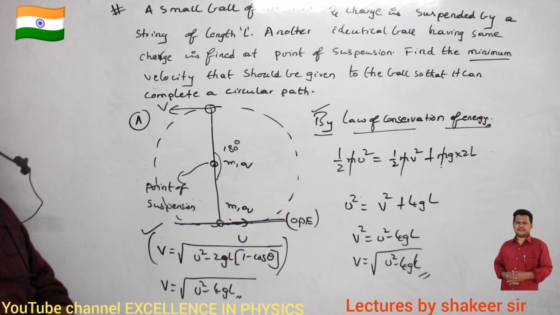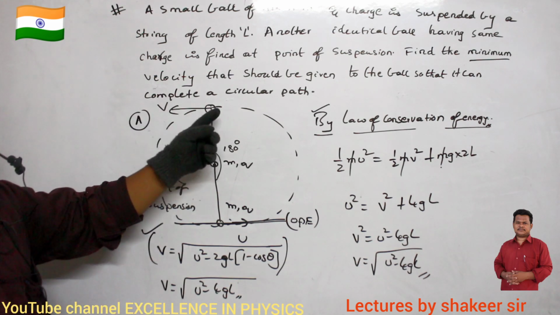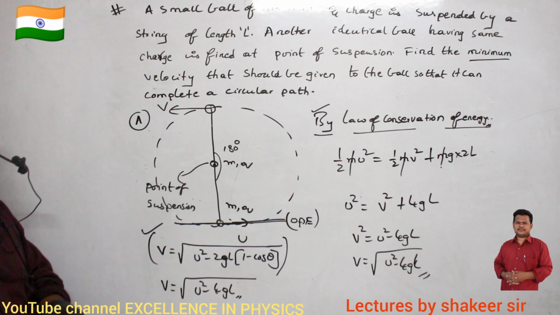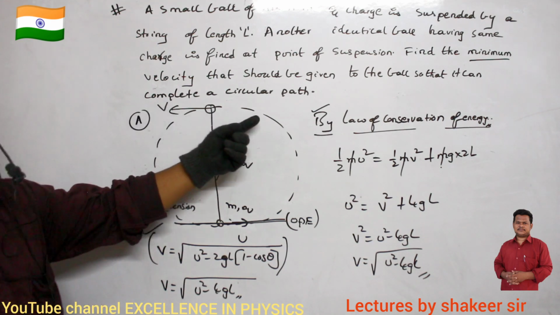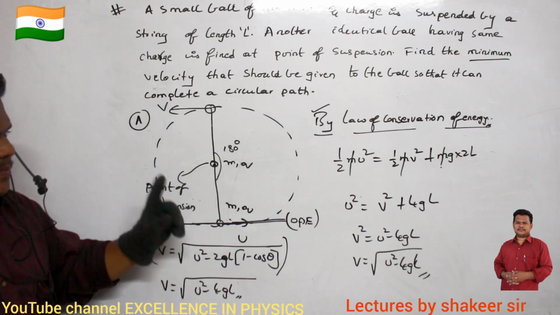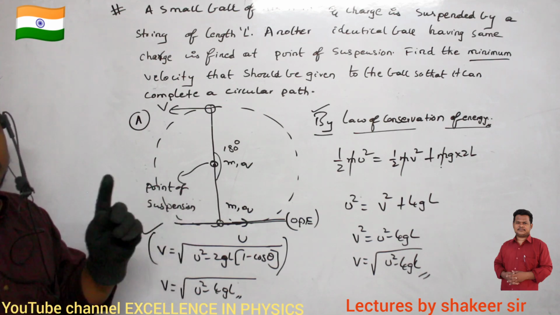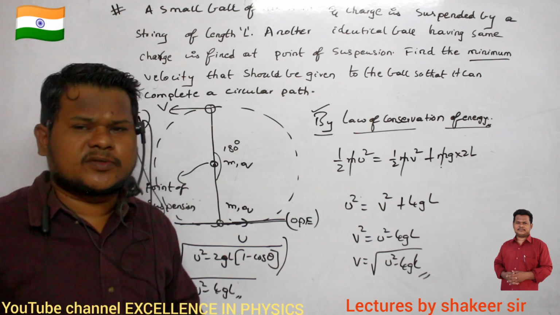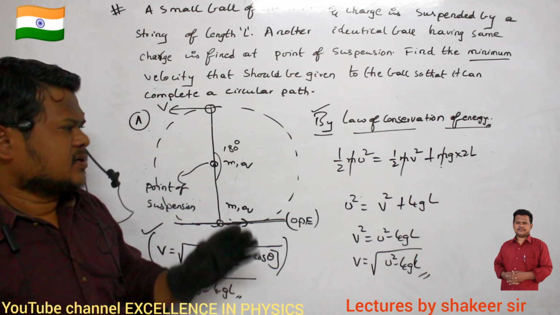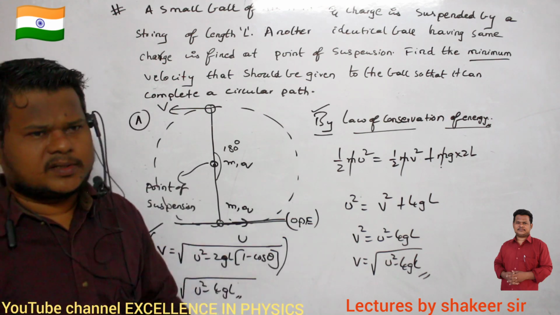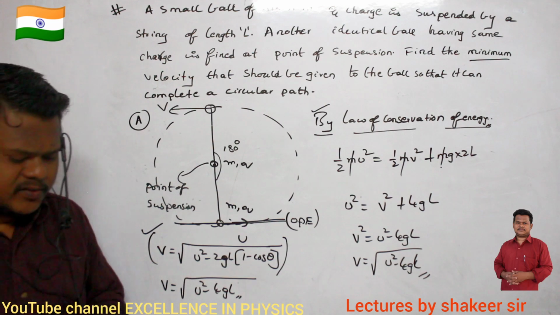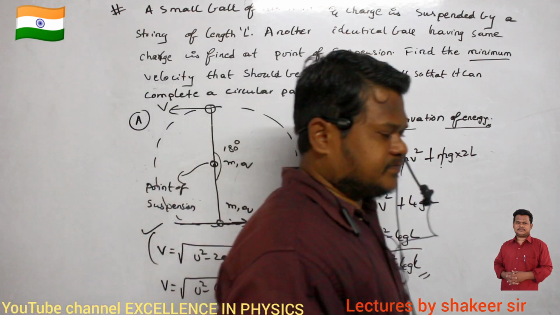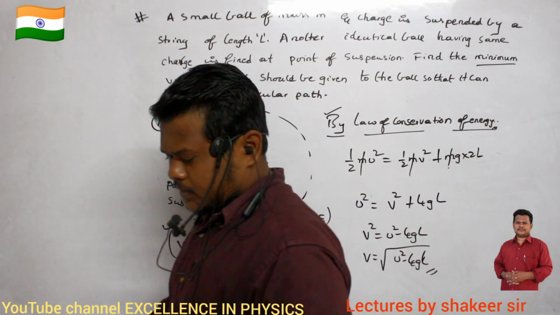What I want to find out is the minimum velocity such that the body can complete a circular path. Minimum velocity means which value should become 0? Tension at the highest point should become 0. So first of all, make a note up to here. Then we will discuss how to calculate tension.